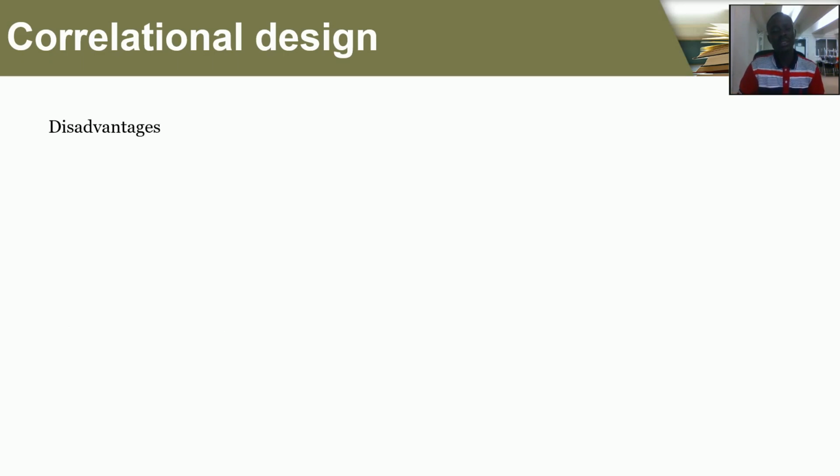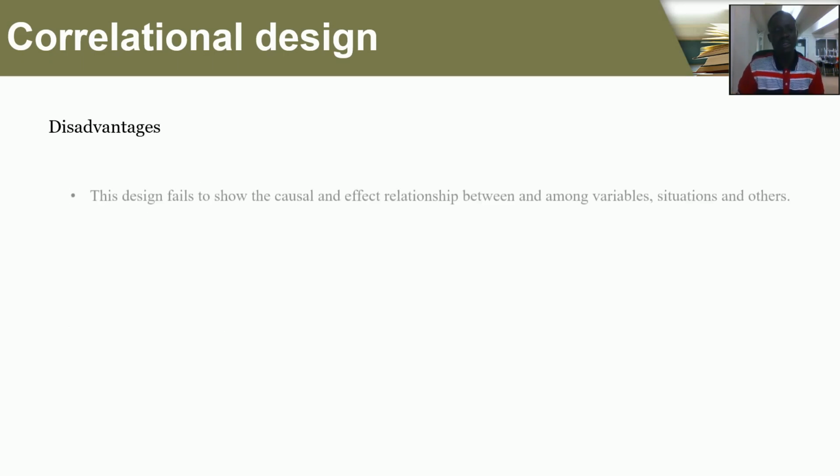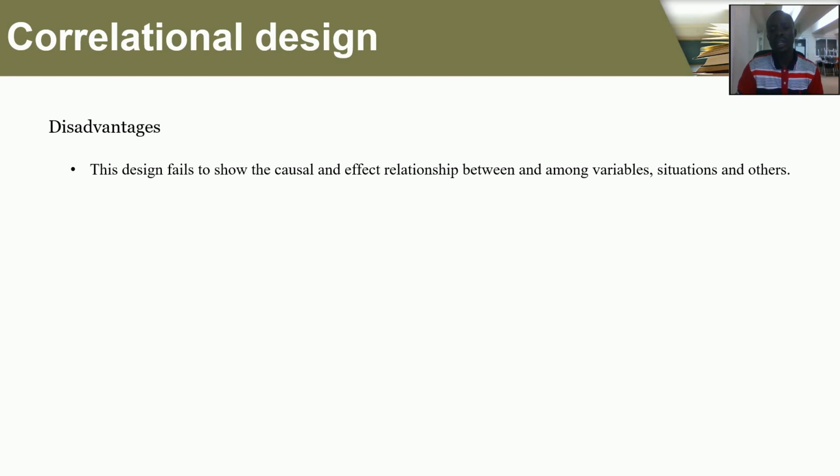However, there are some disadvantages of this design. For instance, this design fails to show us the causal, or cause and effect, relationship between the variables. It can only tell you that maybe the more alcohol you take, the higher the probability of you getting heart disease.